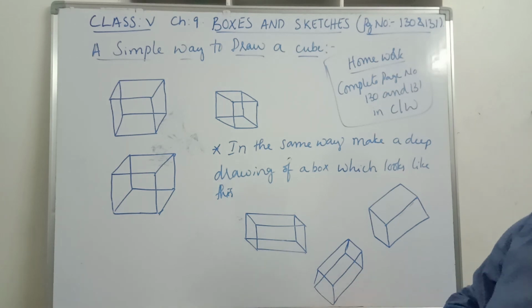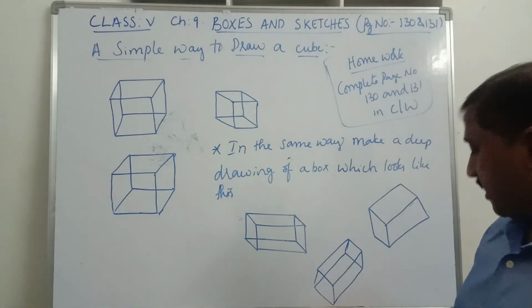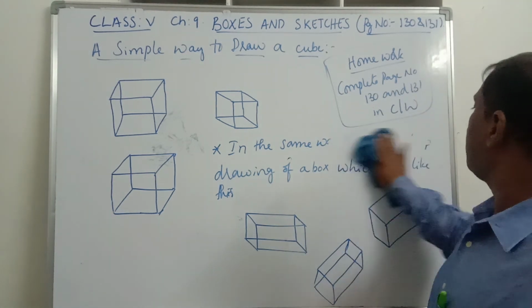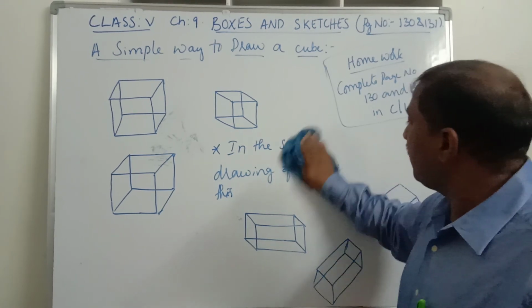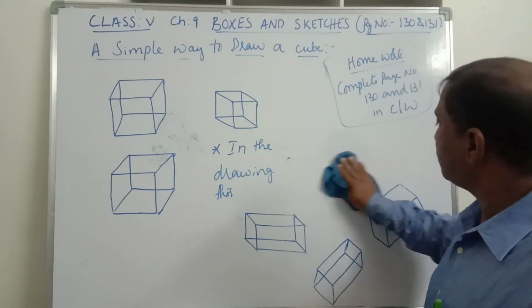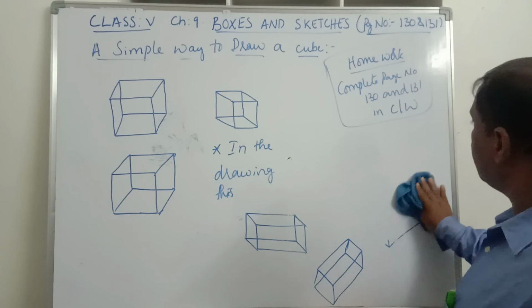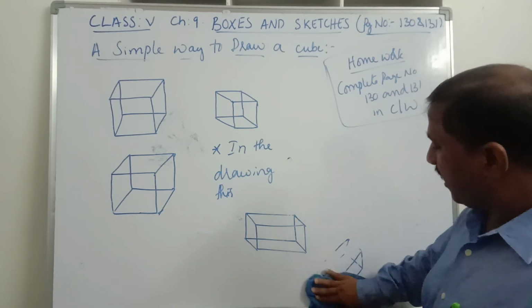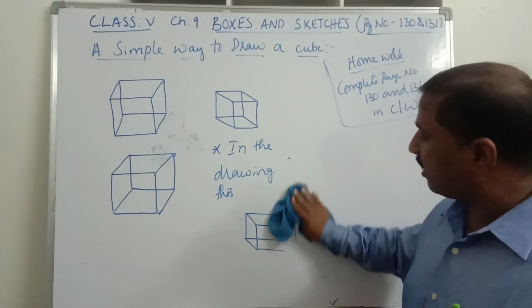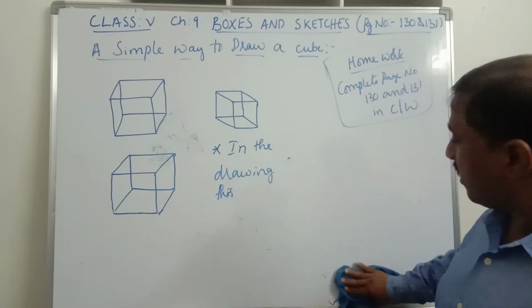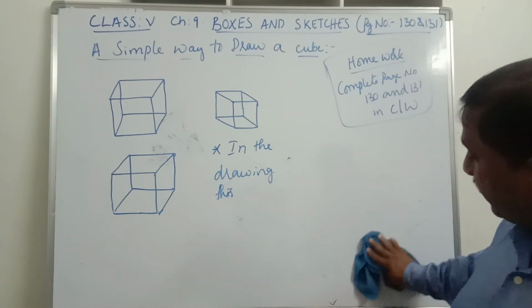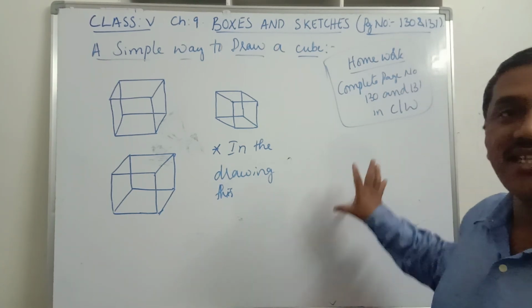What is your homework? Complete page numbers 130 and 131 which are there in the textbook. What we have discussed here in the class, complete it in the textbook. If it is possible, complete it in the textbook. Wherever it is not possible, please write in the classwork notes.